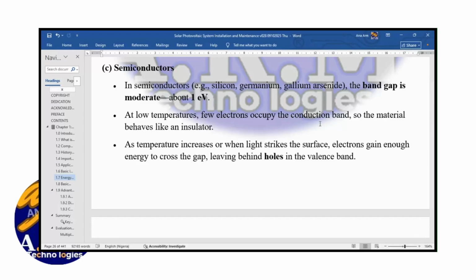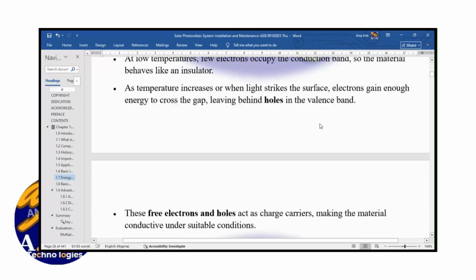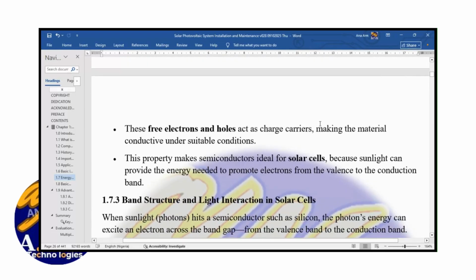But as temperature increases or when light strikes the surface, electrons gain enough energy to cross the gap, leaving behind holes in the valence band. These free electrons and holes act as charge carriers, making the material conductive under suitable conditions.